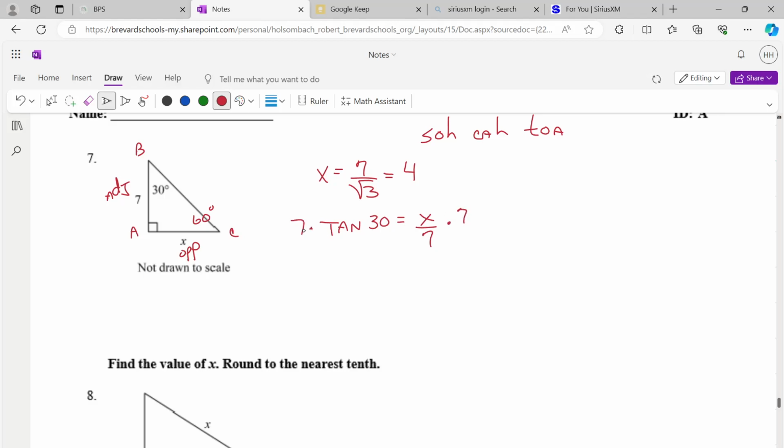Multiply both sides by 7. 7 times tan 30 equals 4, and 4 equals x. So either way, x is equal to 4. You can use the special right triangles rule and convert it to a decimal or whole number. You can also use sine, cosine, tangent.